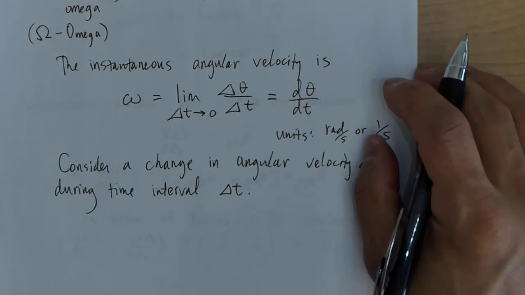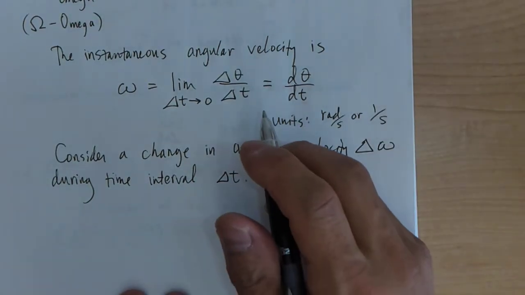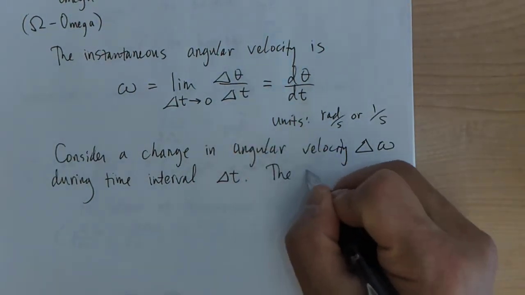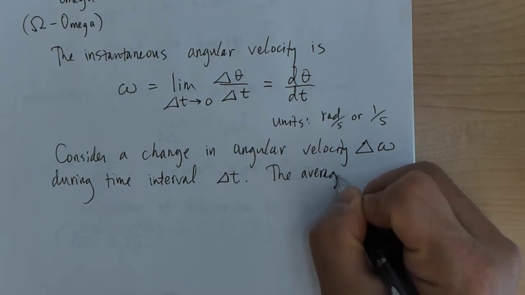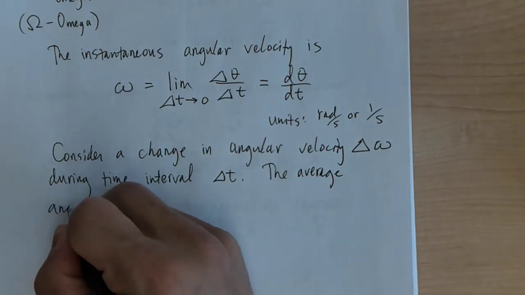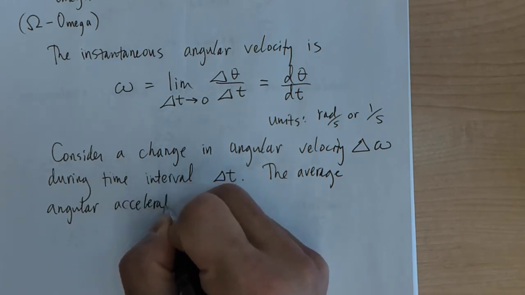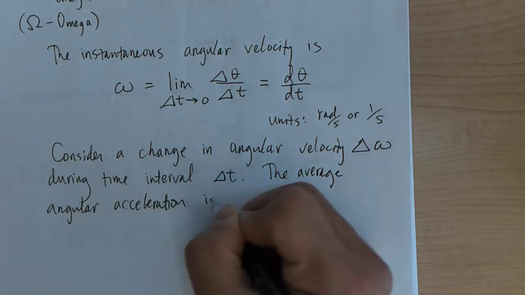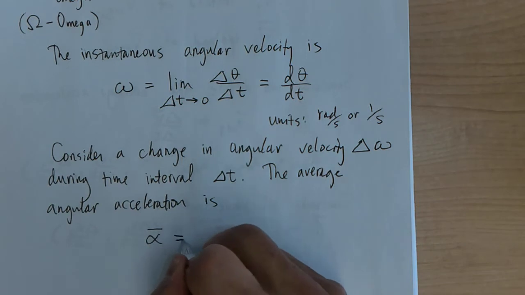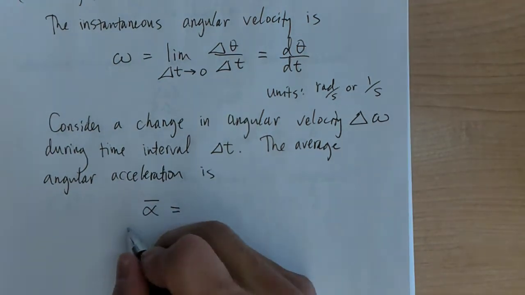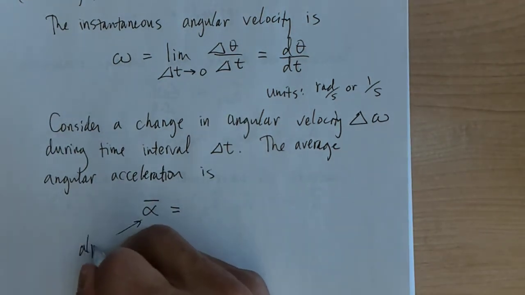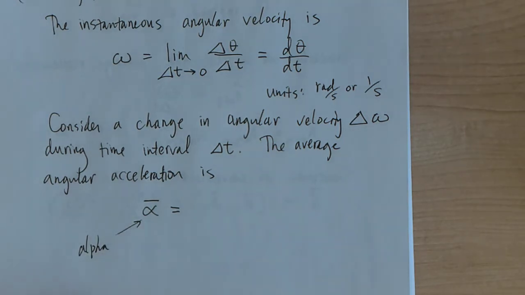Since the angular velocity is changing, now we can talk about the average angular acceleration. The average angular acceleration is alpha bar, so that's small alpha.